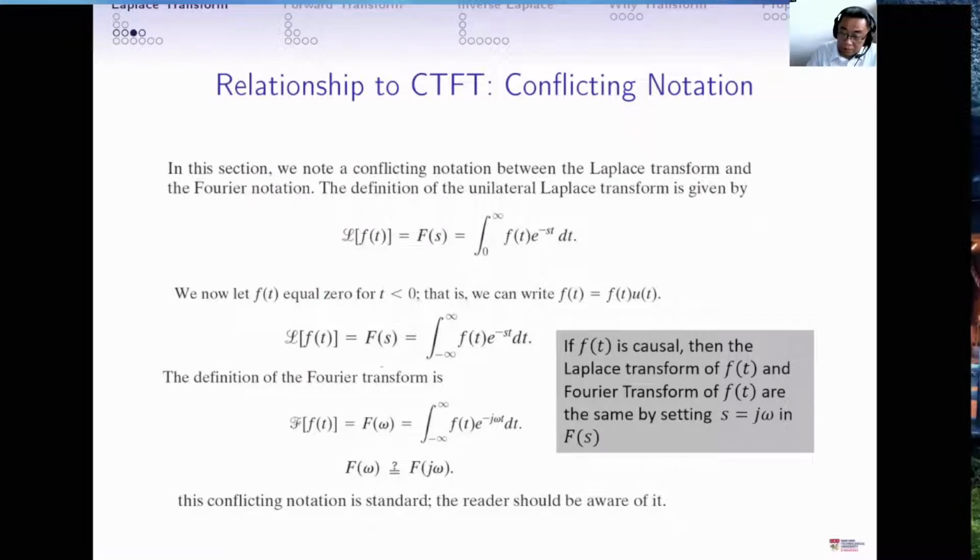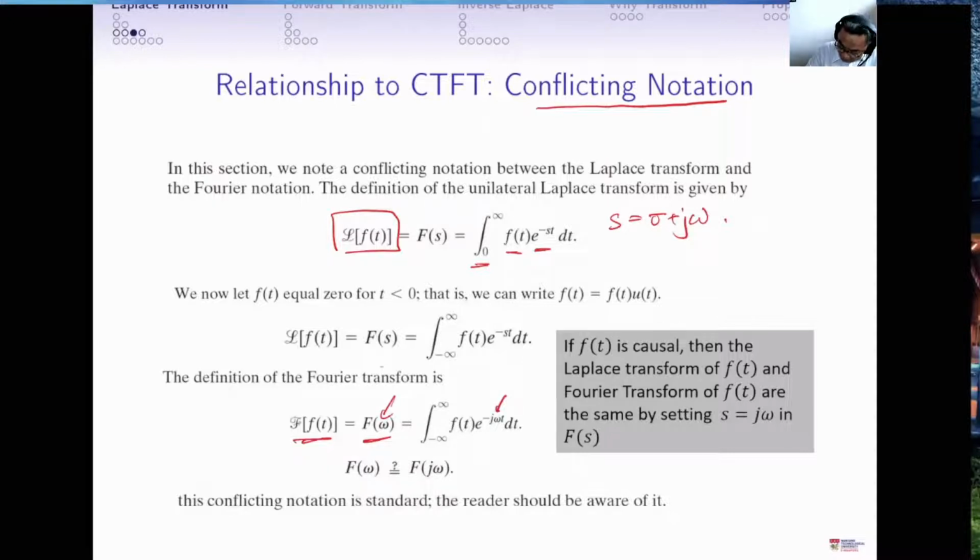Before we end this discussion about the continuous time Fourier transform, we want to remark that there's a conflicting notation. Why? Let's remind ourselves what the Laplace transform of f(t) is. The unilateral transform is from 0 to infinity of f(t) e^(-st), and we remind ourselves that s is sigma plus jω. Now when we say the Fourier transform of f(t) is F(ω), then this omega is put in here.